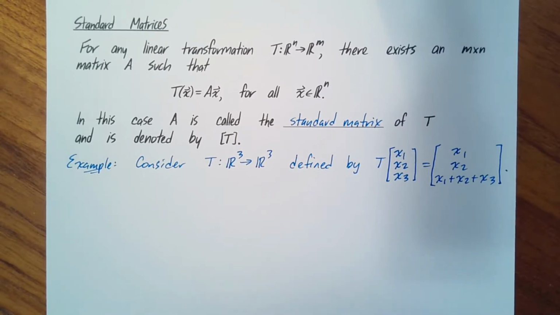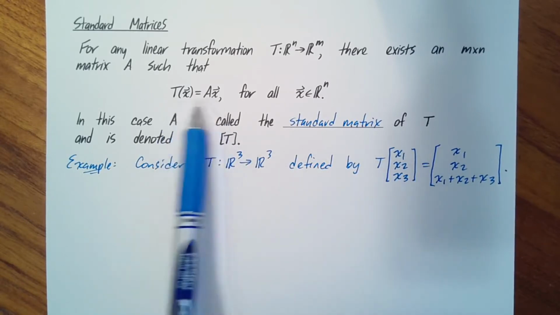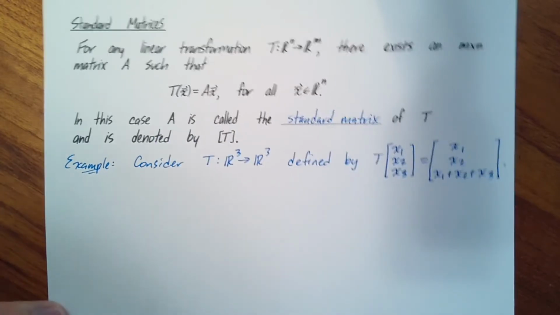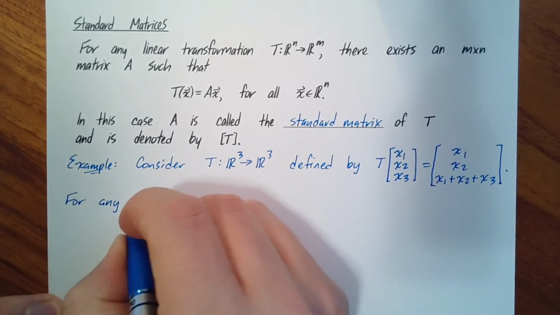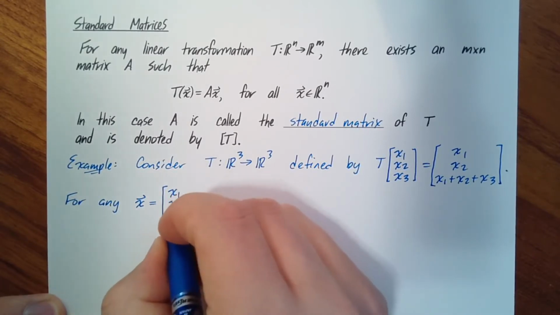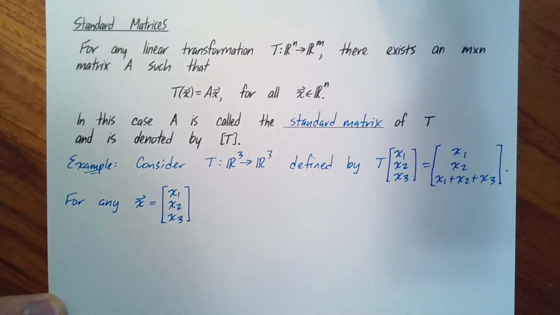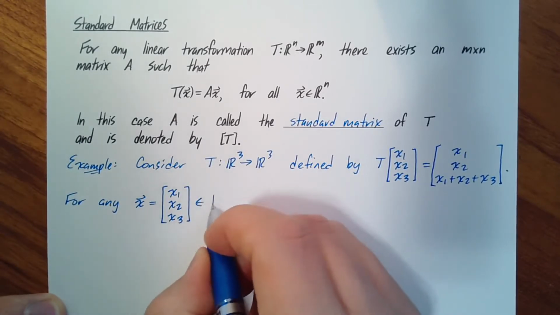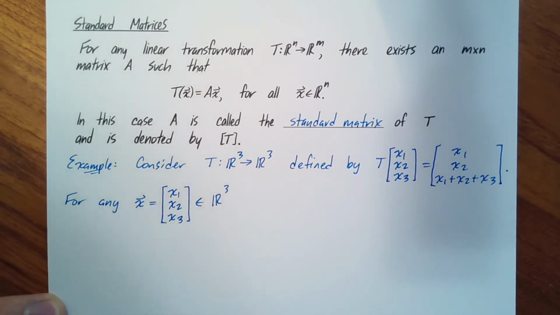So this is a linear transformation. What is its standard matrix? How can we come up with a matrix A such that this definition is equivalent to this definition? That's the question. Well, make the following observation. For any vector x in R3, and we'll write it generally as x1, x2, and x3, so for any three-dimensional vector, we have the following.